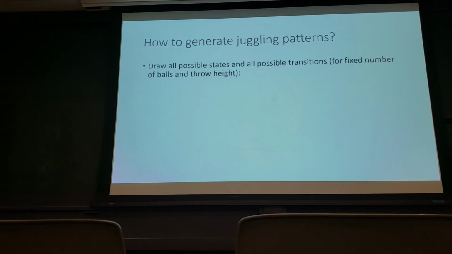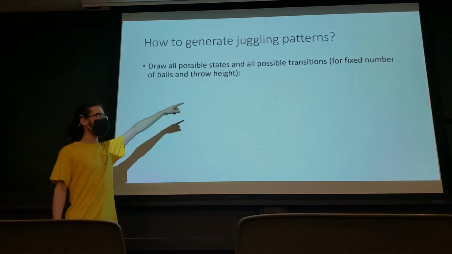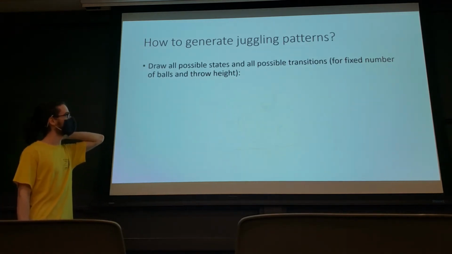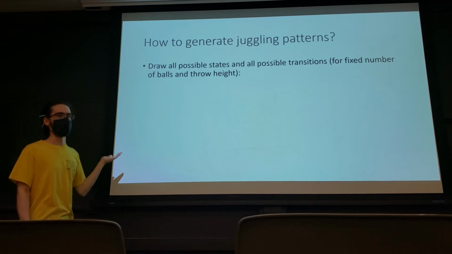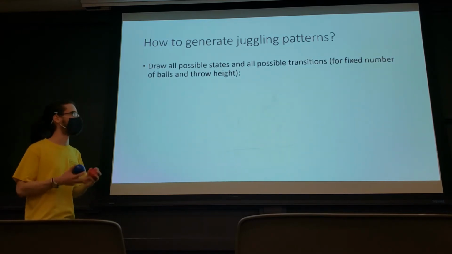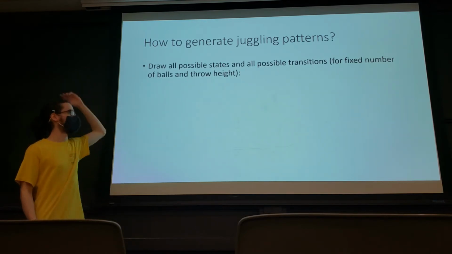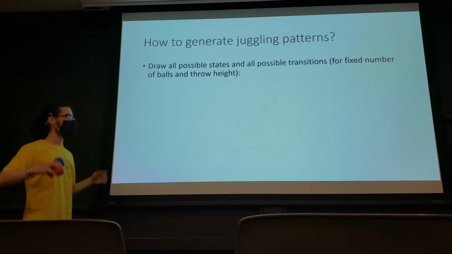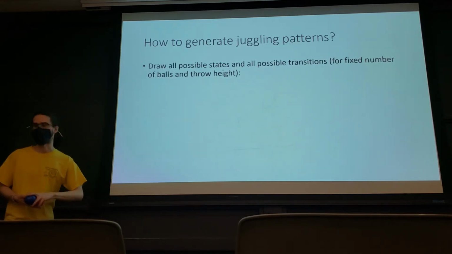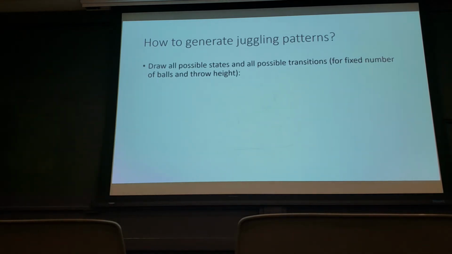And so the way to generate all juggling patterns is to draw all possible states and all possible transitions between them, like all possible throws. And you do this for a number of balls and a fixed maximum throw height, because obviously you can throw them as high as you want, and you can get an infinitely large diagram. But for a fixed number, you get a diagram that looks something like this.